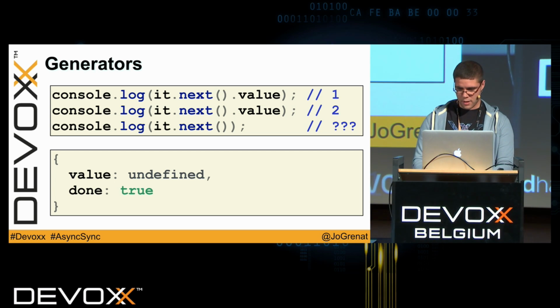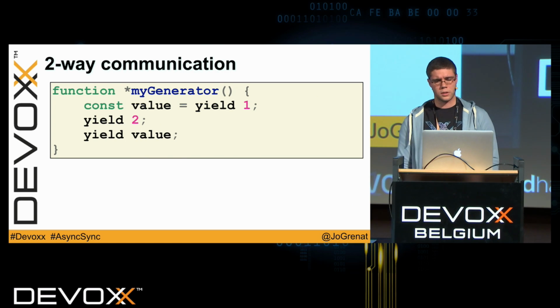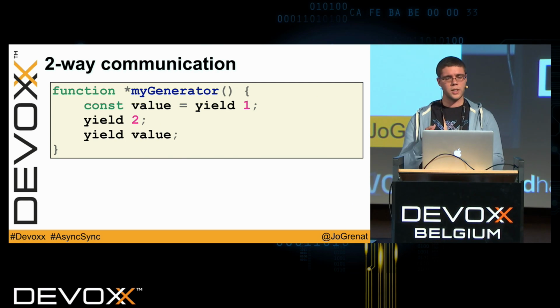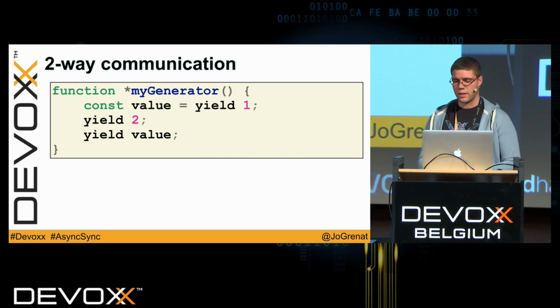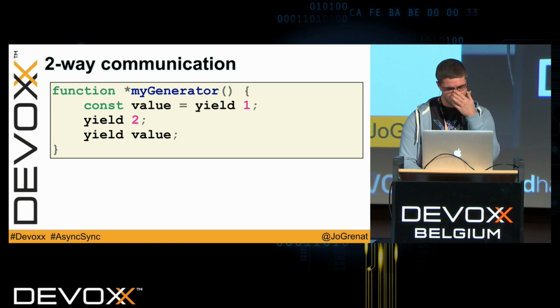Okay, it's not really useful to deal with synchronous operations, but one thing we know is that we can communicate with the generator the same way it can return us a value. We can give it some value. At the first line of the generator, you can see we're yielding the value 1, and we seem to wait for something in return.